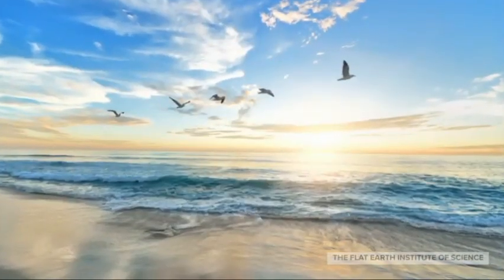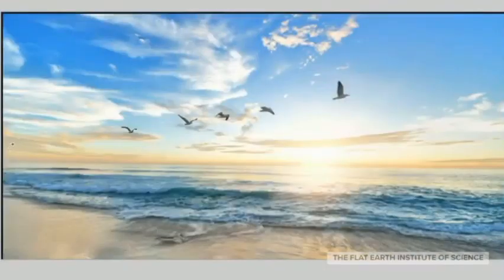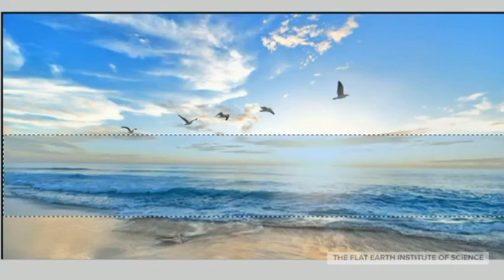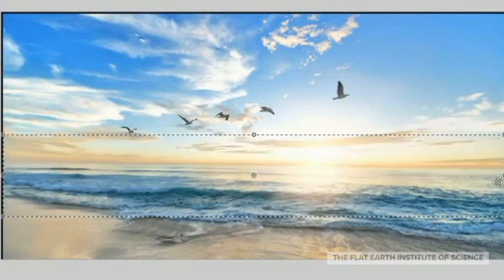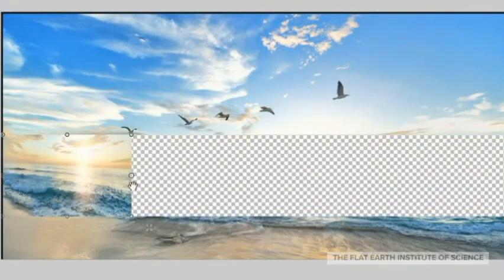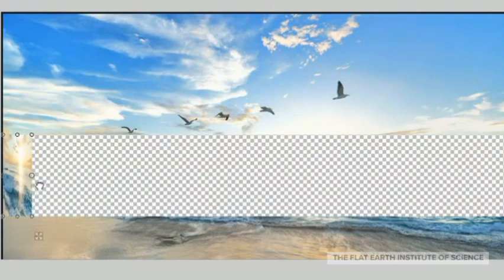I love this one. All right, select. Scrunch. Whoa, look at that. Okay, well, the camera probably wasn't perfectly level on that one. I can see that, but it still looks pretty flat.